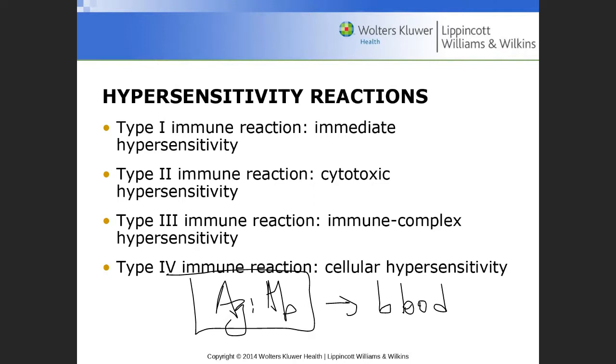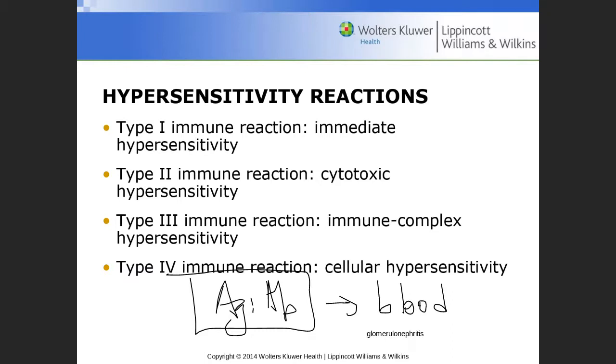It gets stuck in the glomerulus, okay? That antigen antibody complex leads to glomerular nephritis, which means there's an inflammatory response in the nephrons or the glomerulus, if you will.